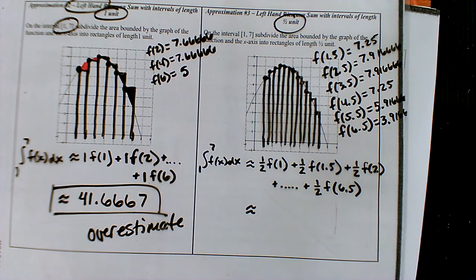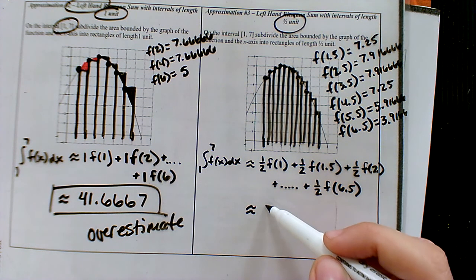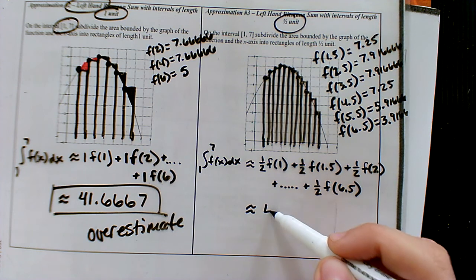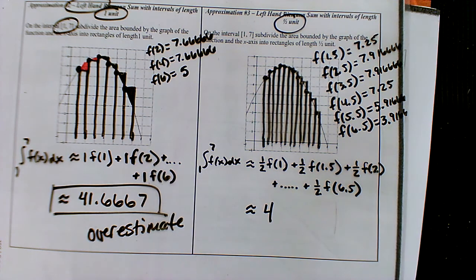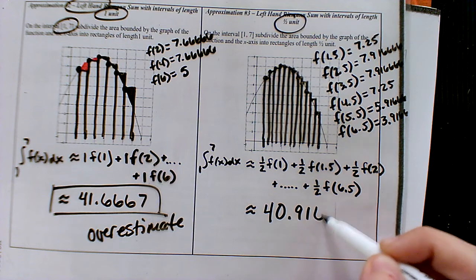Anybody with quick fingers? I got 45.2083. I think you're a little off. 916.